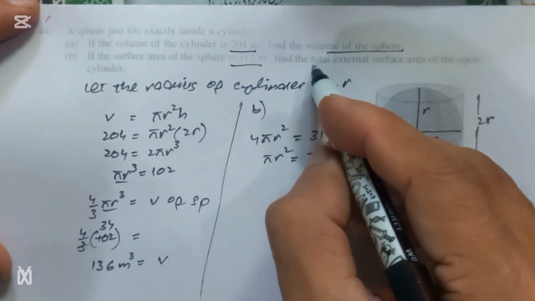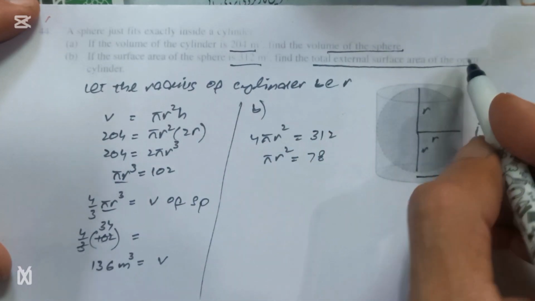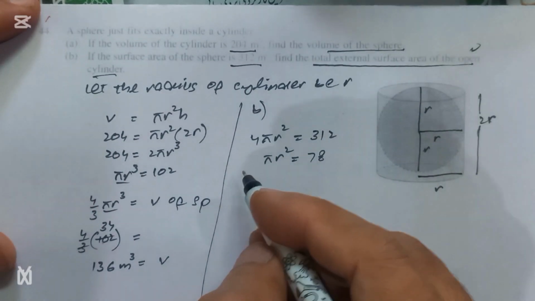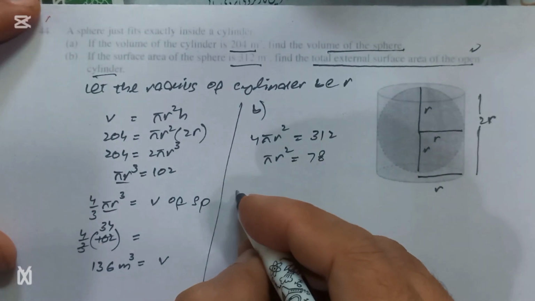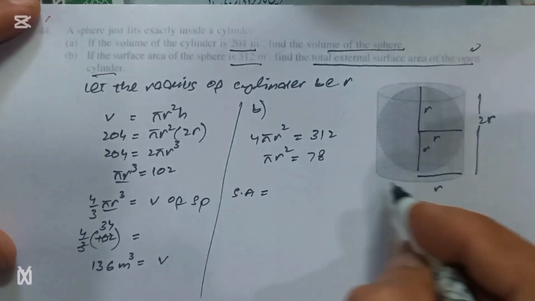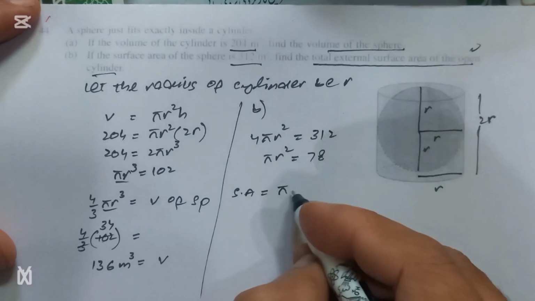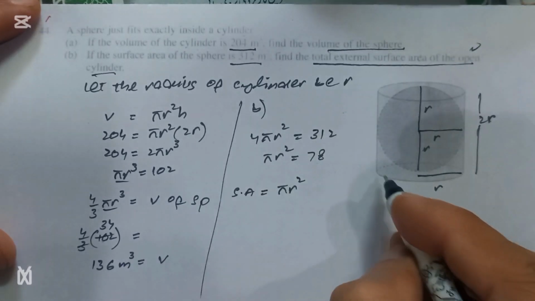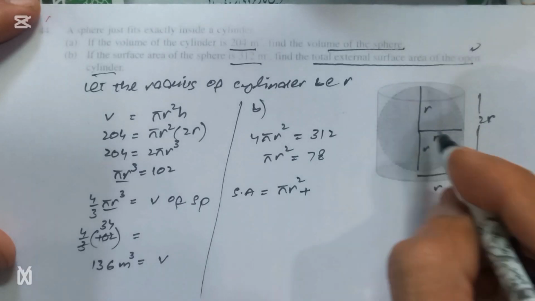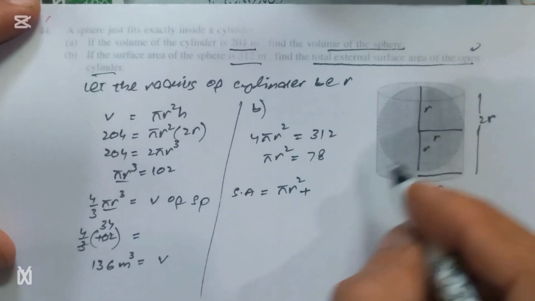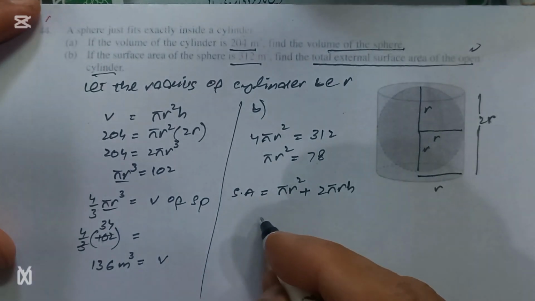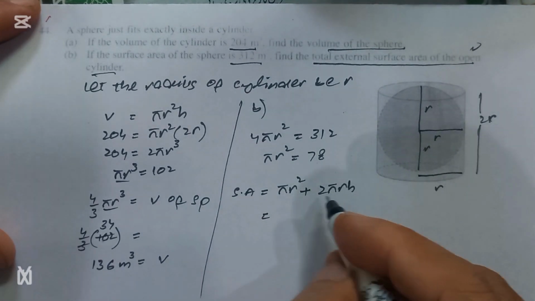Okay, find the total external surface area of the open cylinder. So beta concentrate, this is open cylinder. Surface area of the open cylinder is required. Okay, open cylinder means that there will be a bottom that will be a circular shape whose formula will be pi r square, and the curved surface area of the cylinder whose formula will be 2 pi r h. Now put the values in the formula.